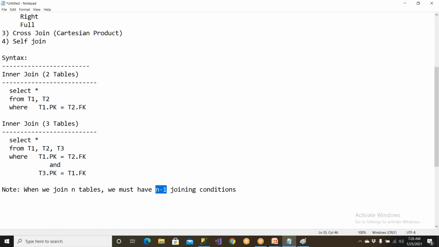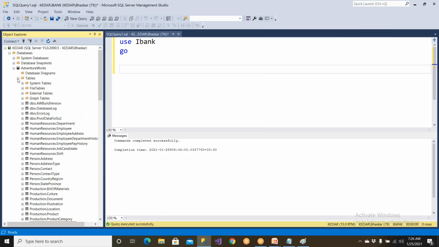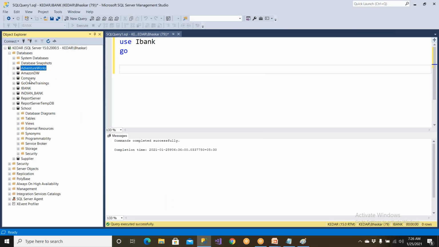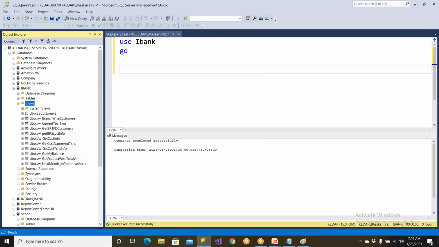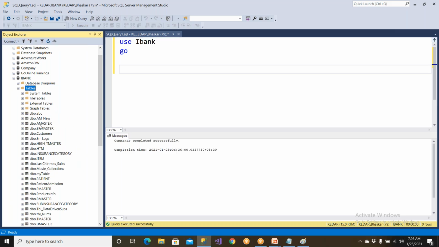So this is a very, very important thing that you should know. Clear? Let me take the same thing here. Now I wanted to know, account master, select star from the account master table.